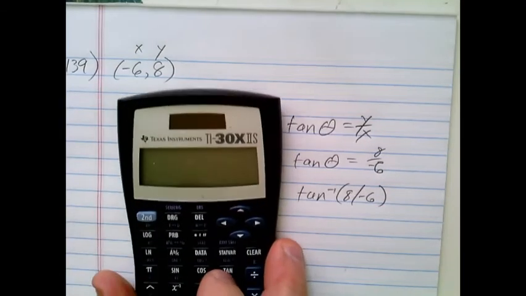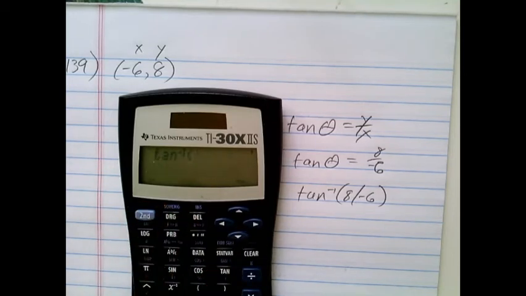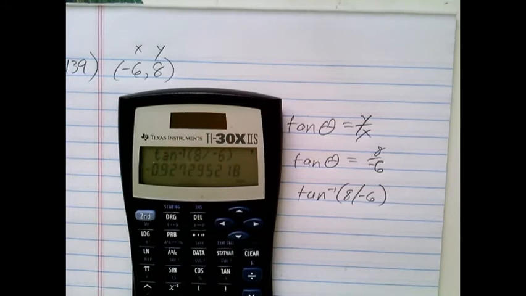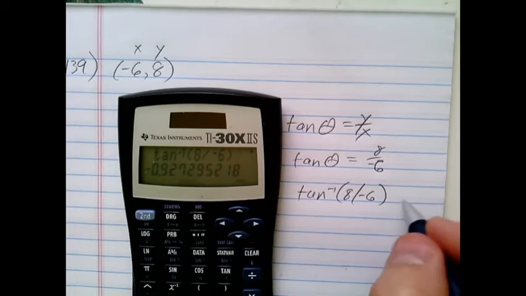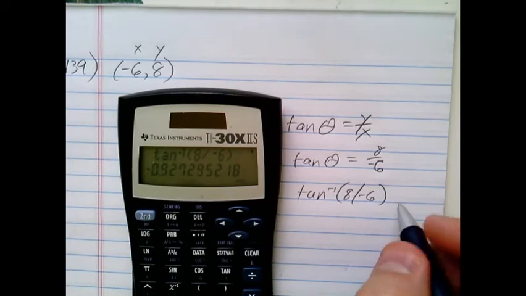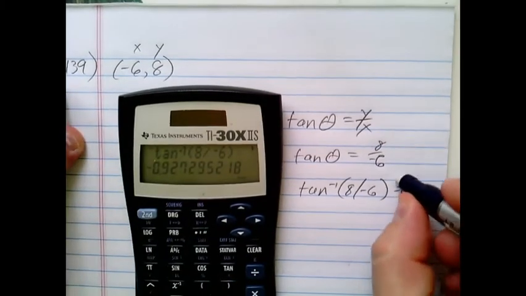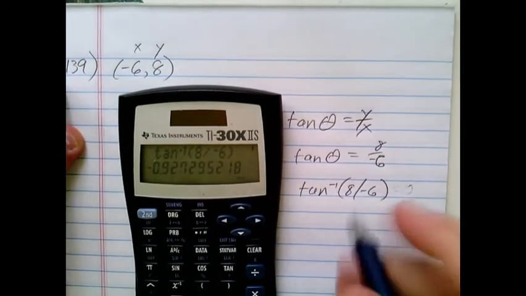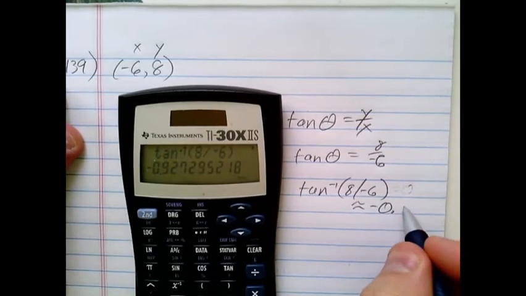Let's see what the calculator says. Tan inverse of 8 divided by negative 6 is negative 0.92. It said round to 3 decimal places, so I'll say it's approximately negative 0.927.